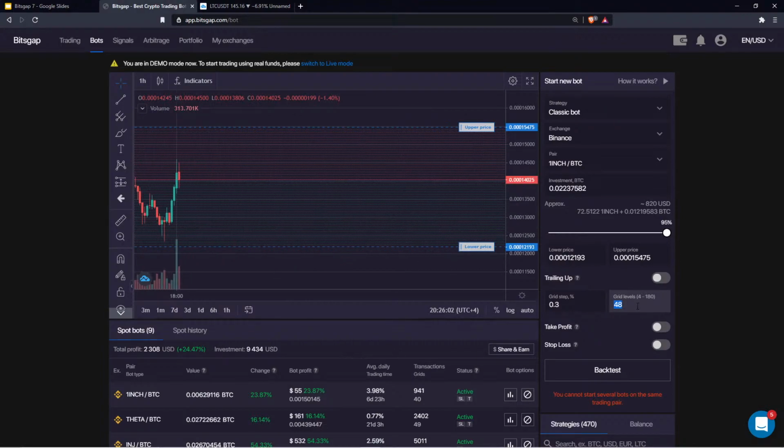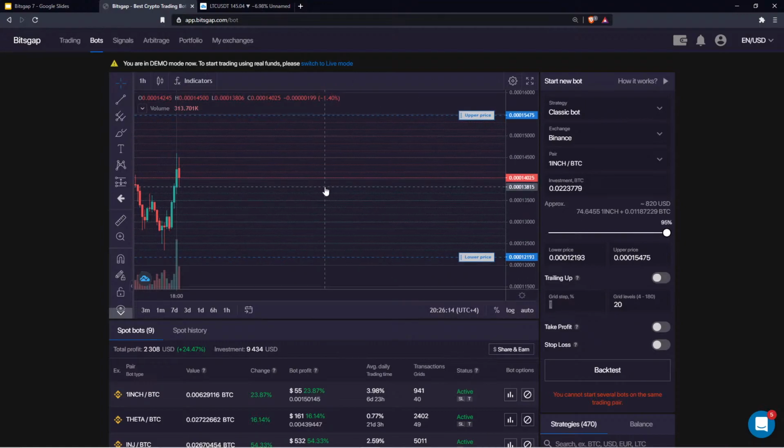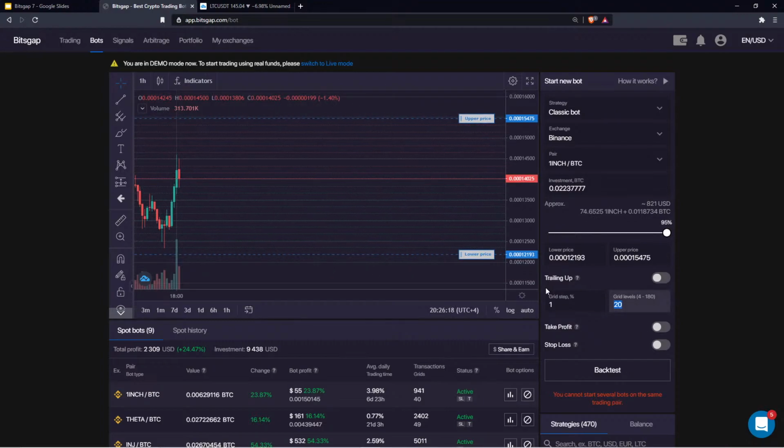So you see, let's say now I have 20 grid levels, and the profit per grid level is 1%. It's also known as the grid step. That's basically the space between your grid levels. Of course, if you increase to 100 grid levels, now the profit per grid level significantly diminishes.